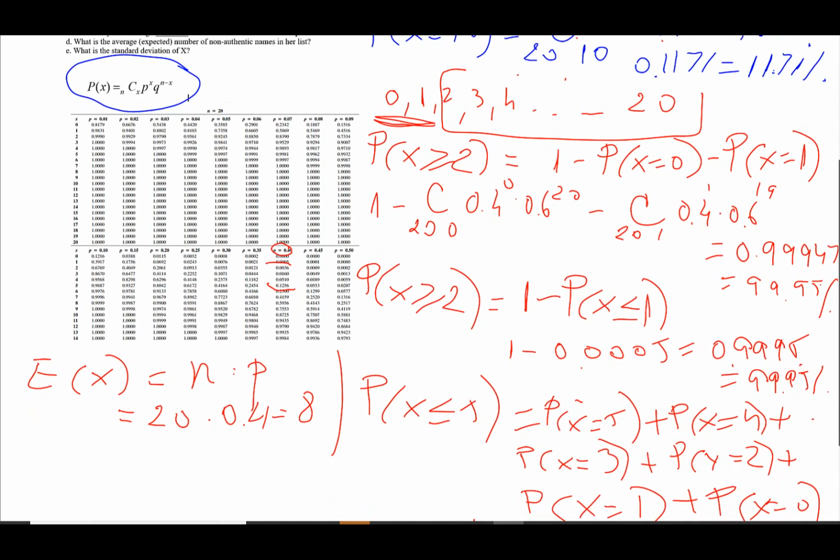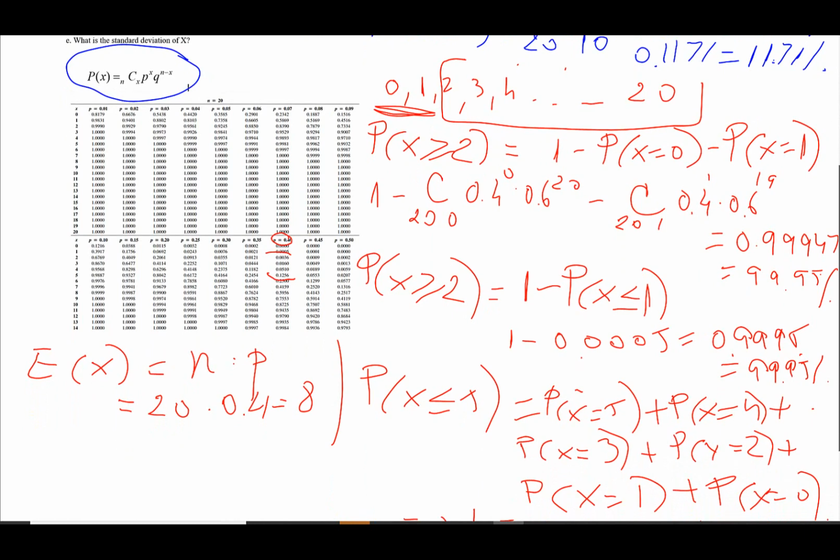Also, we have to calculate the standard deviation of this variable. The standard deviation for a binomial experiment is the square root of n times p times q. Once more, n is the number of trials, p is the probability to be considered a success, and q is the probability to be considered a failure.